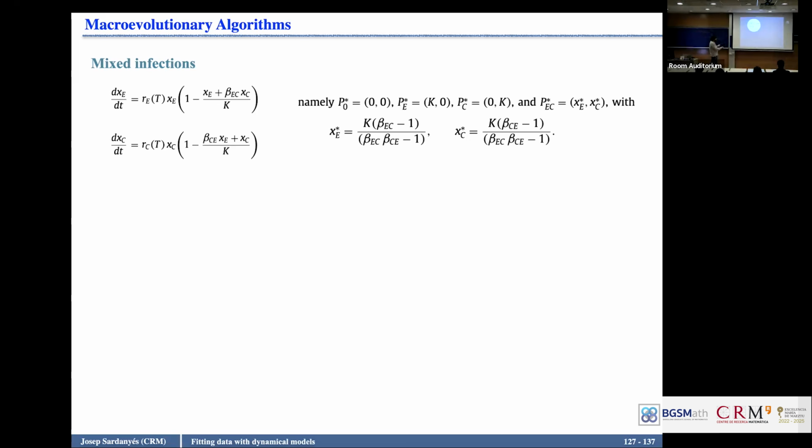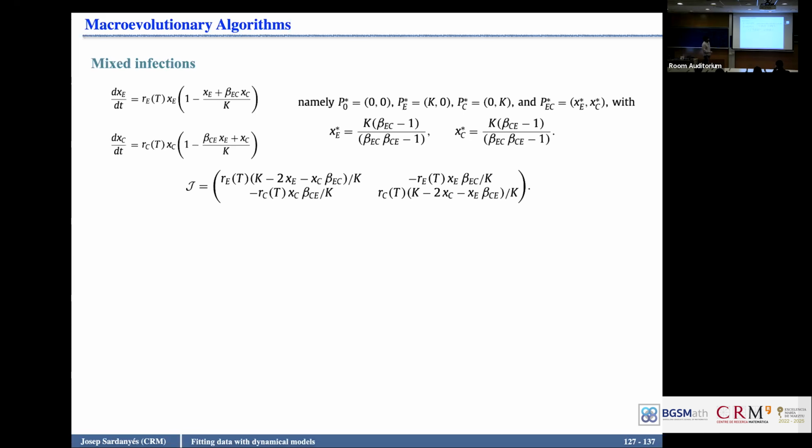Because now I will show you that, for example, beta EC has to be lower than 1. If beta EC or beta C is higher than 1, this point here is not stable. And then in my range of parameters, I will fix from 0 to 1, and then I have reduced the search space.